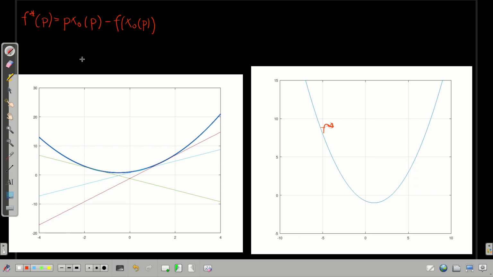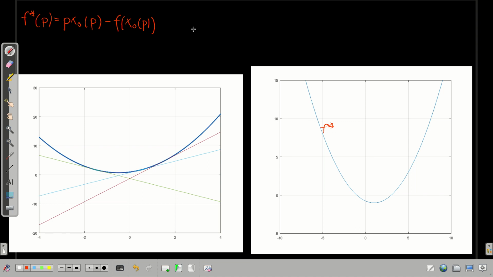So the question is now, with the information from the last slide, we have some intuitive information of what f star should look like. But in this slide I would like to cover briefly how to calculate every value of f star for any given p.